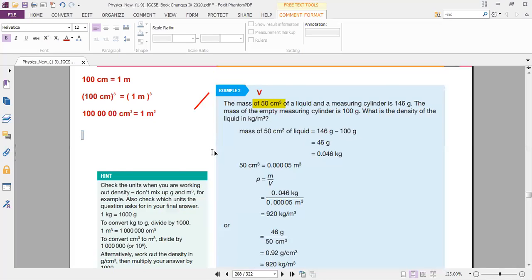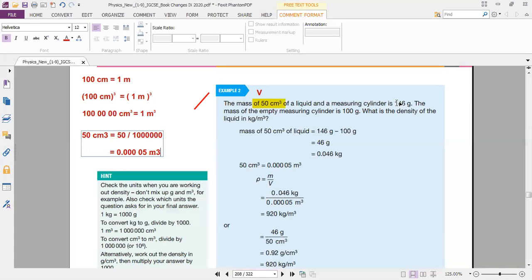So 50 cm cube means 50 divided by 100 becomes 0.5 meter cube. So this is the volume V.